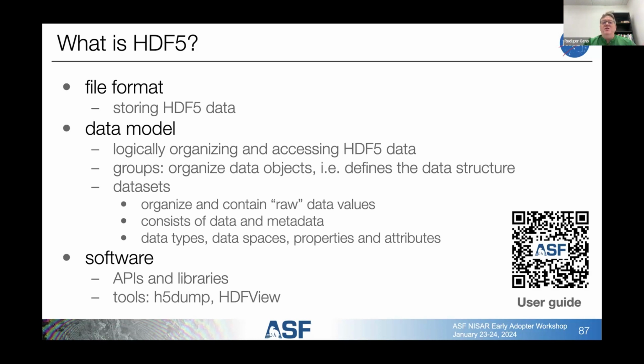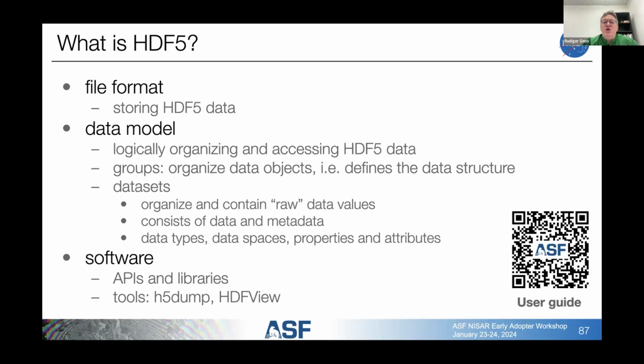As I said, data sets can be organized and contain raw data values or any type of values that you make out. It consists of the data as well as the metadata. It has predefined data types. You can define data spaces, so the whole thing can be any dimensions as you want.